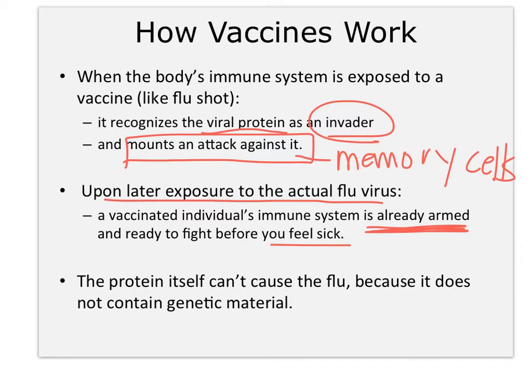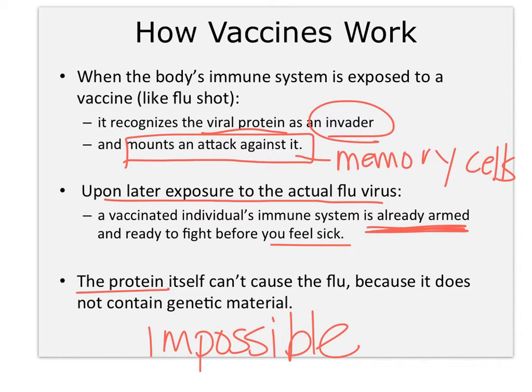For the flu vaccine, it's just proteins, so they can't cause the flu. I'm so done with people saying, oh, I got the flu shot and it gave me the flu. It's impossible. Yes, you might have some flu symptoms the first 24 or 48 hours because your immune system and your attack on the flu virus gives you inflammation.